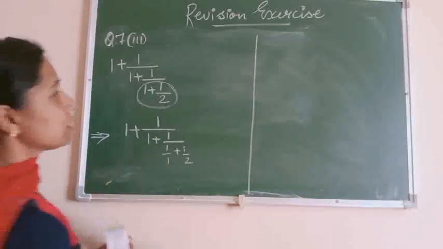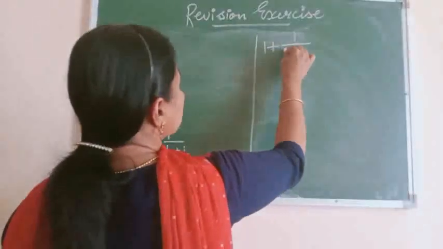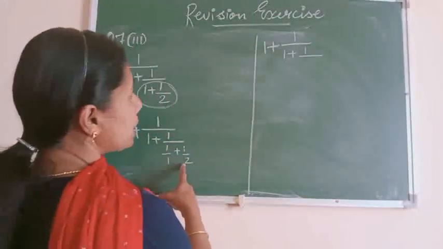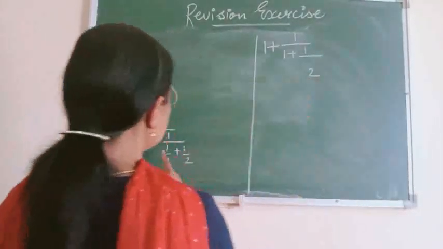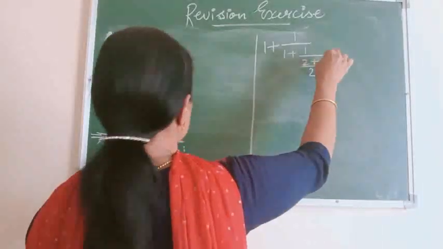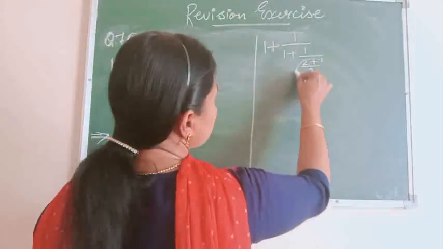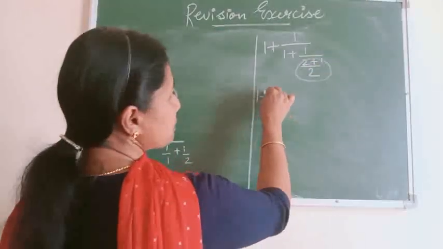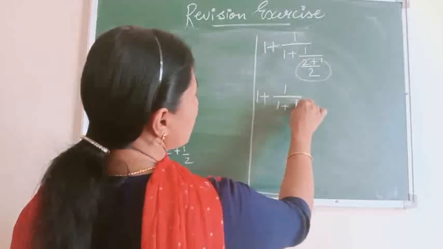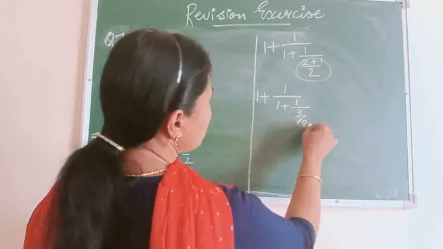LCM of 1 and 2 we taken, and this numerator will become 2, that is why it will become 2 plus 1. Now we are solving this, okay, and this will become, first one same, 1 plus 1 upon 1 plus 1 upon 2 plus 1, 3 upon 2.